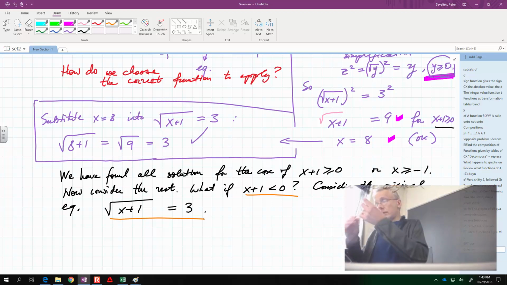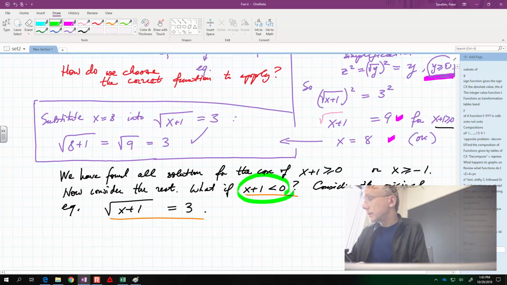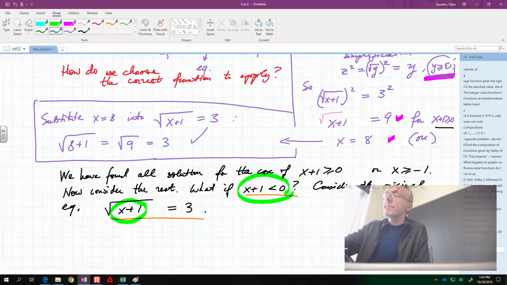Do you see anything? Let me circle it for you. So we assume that x plus 1 is less than 0. We're trying to solve an equation that involves the square root of x plus 1. Okay, what does it tell you?